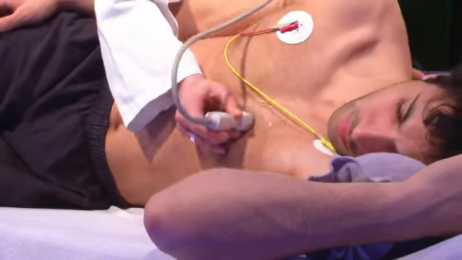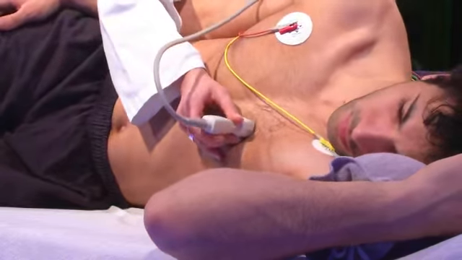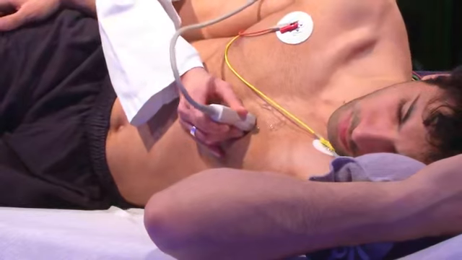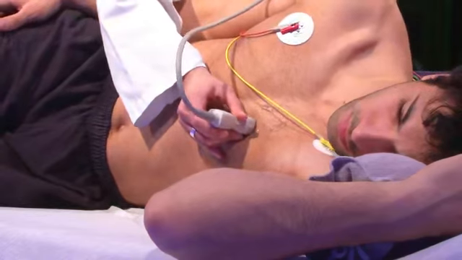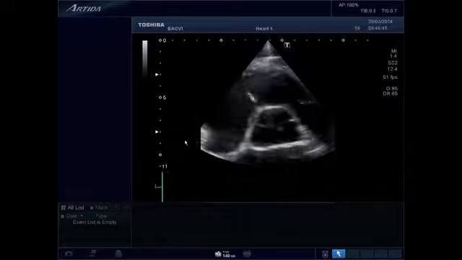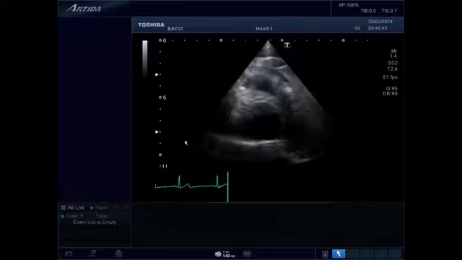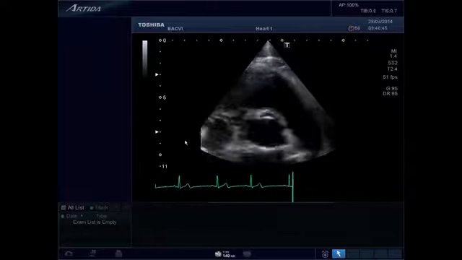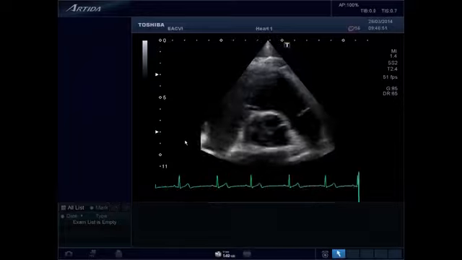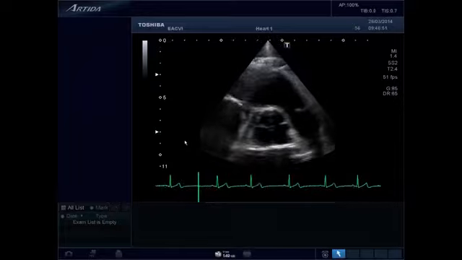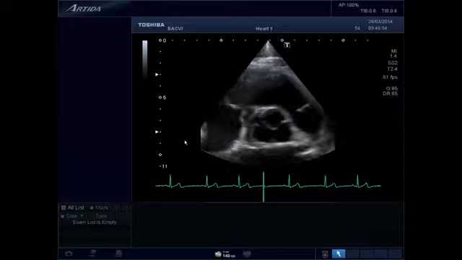So I'll try to push my patient up. And in order to be focused, I will diminish the depth. And here I'm able to see beautifully the morphology of the pulmonary valve.